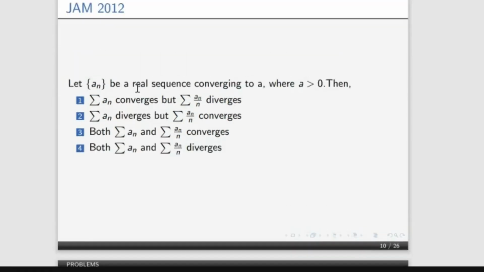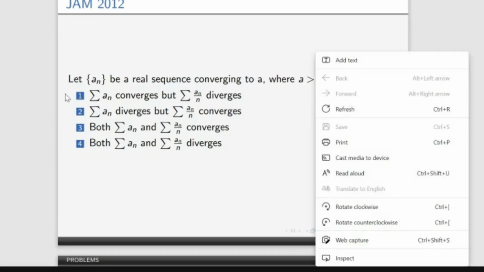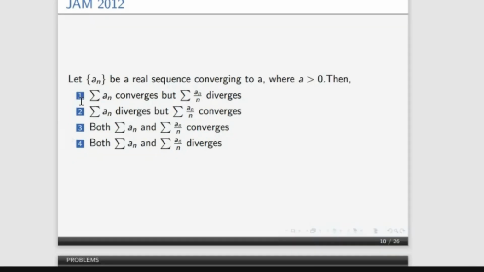We were told that if limit n tends to infinity, xn is non-zero, then series xn is divergent. Here it is given very clearly that an is a real sequence converging to a, and a is greater than 0. There itself the statement is very clear, which means that series an is divergent in nature. So options 1 and 3 are cancelled out.